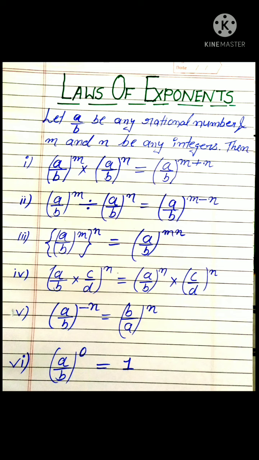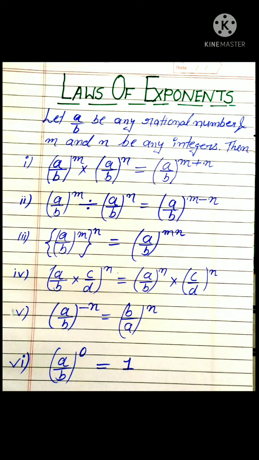Now the sixth law: let a upon b be any rational number having power 0, then what happens? Its value becomes 1. Any number or any variable having power 0, its value becomes 1.